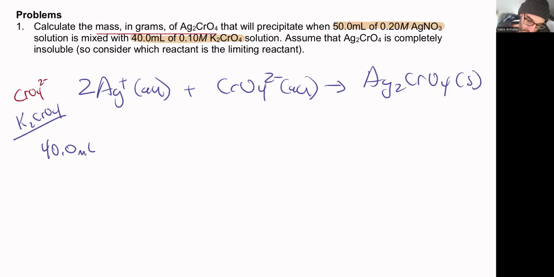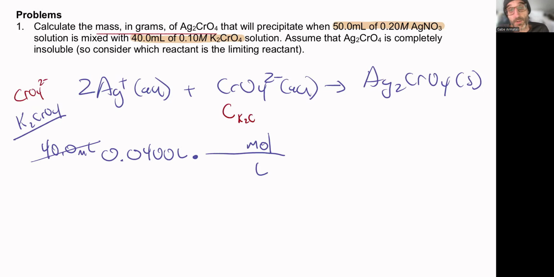Of course, we're going to convert this to liters. So let's start with 0.0400 liters times a fraction. I want liters to go away and moles to remain. We are always going to use the concentration of the potassium chromate here as a conversion factor. According to the problem, 1 liter is equivalent to 0.10 moles.